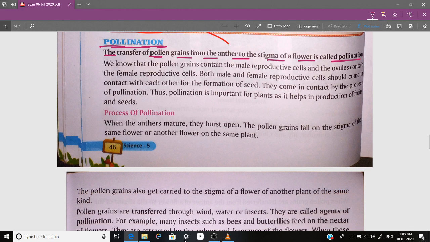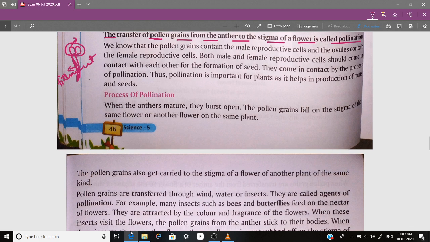I have told you that in a flower there is a male reproductive part which is called anther. The lower part is called filament, and this part is called anther.